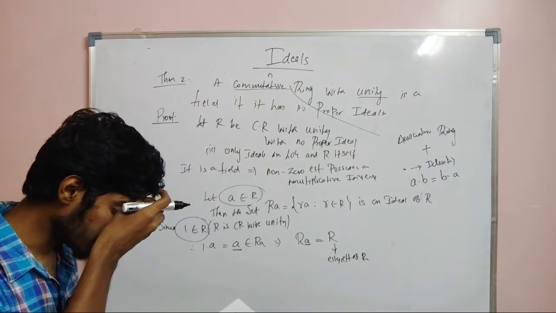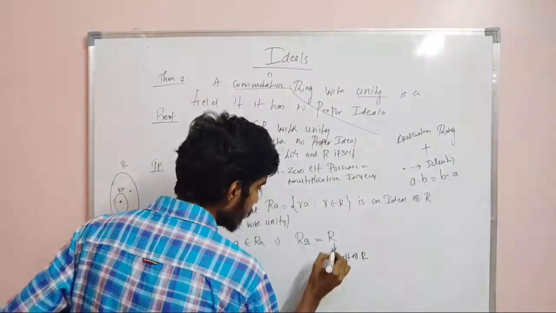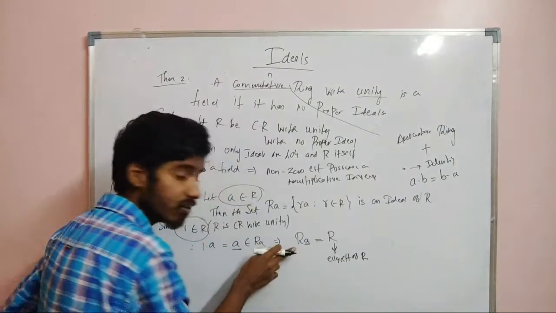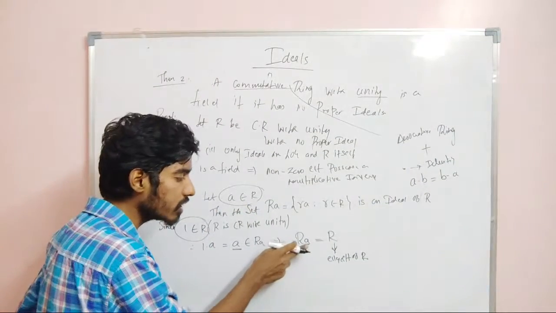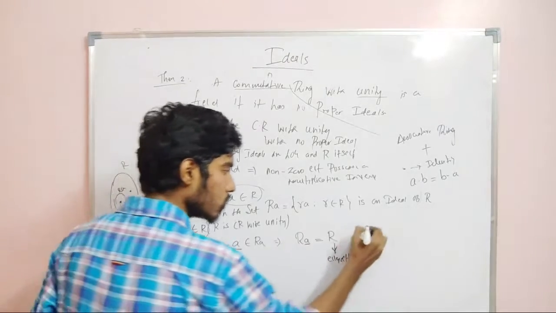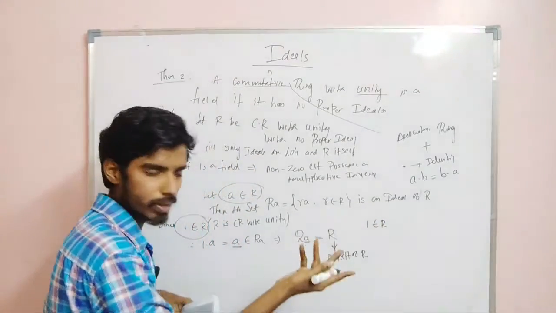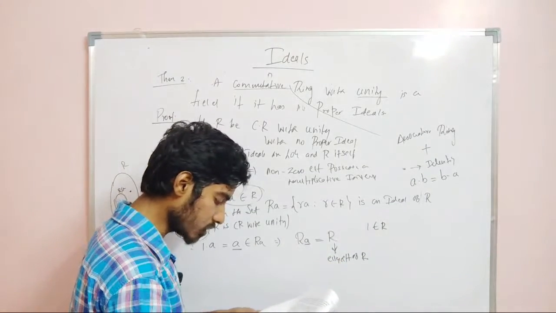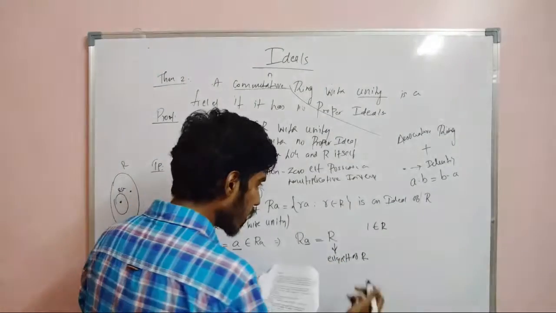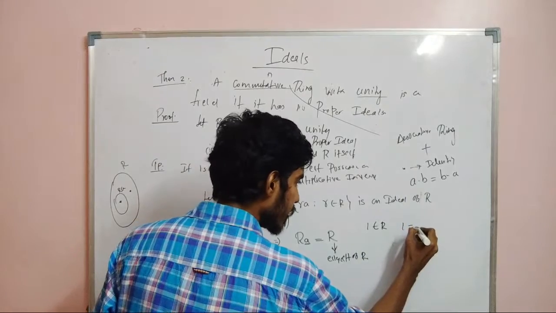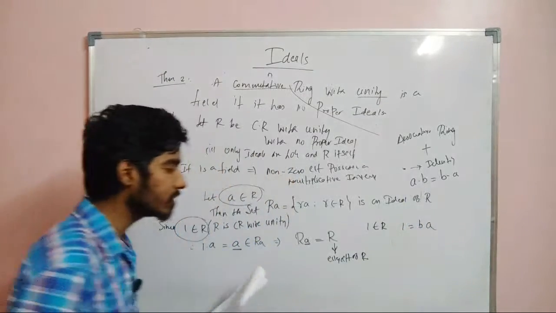Therefore, there is a B such that... okay. So every element of R is a multiple of some A in R, right? If 1 belongs to R, then 1 is a multiple of some element. So this 1 can be written as some B into A, because every element is a multiple.